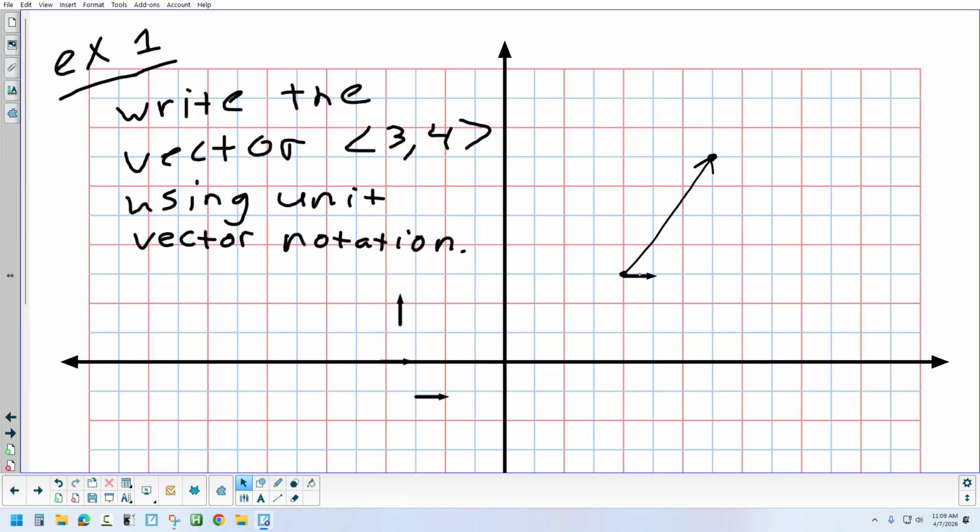I'm going to stack 3 of those together. 1, 2, and 3. So what do you think we would call this bottom vector that I just drew in purple? Yep, 3i.